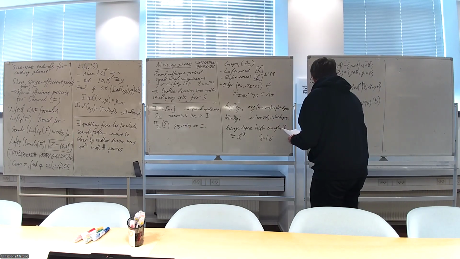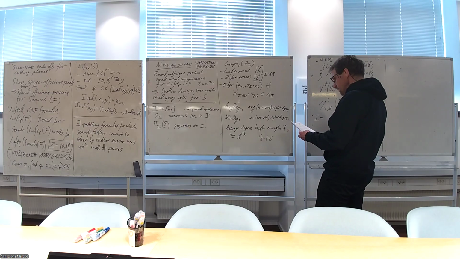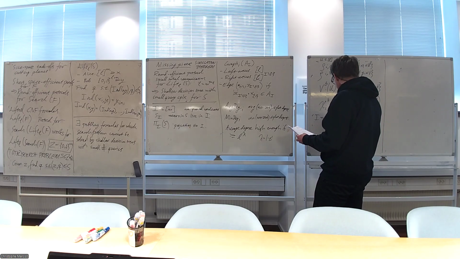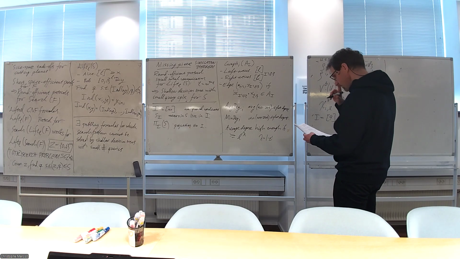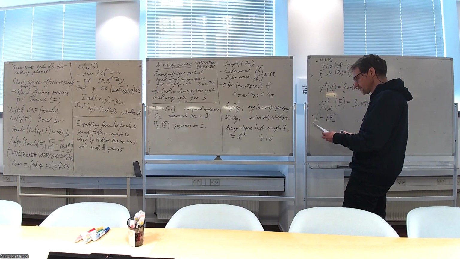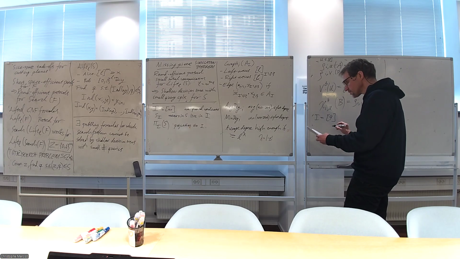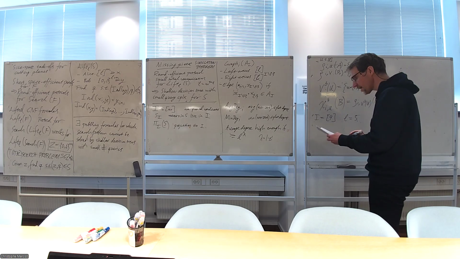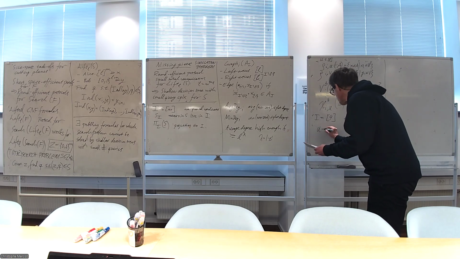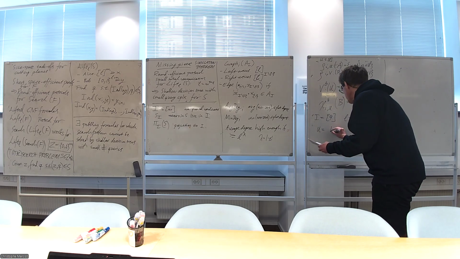Let's fix I to be 4. We have 4 coordinates, 4 Boolean variables in the original input set. Let's fix L, the lift length, to be 5. Suppose that U, the coordinates that we're interested in, are 1, 4, and 5.